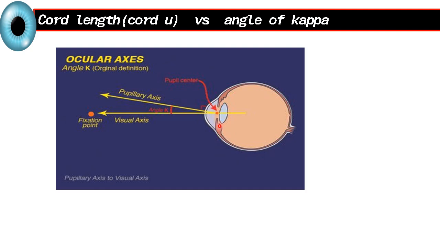Now, what is the importance of the angle kappa, or the chord length? As I said before, it is very important in planning for intraocular lens implantation, especially premium lenses with diffractive or multifocal IOLs.